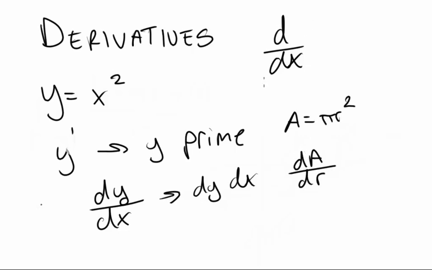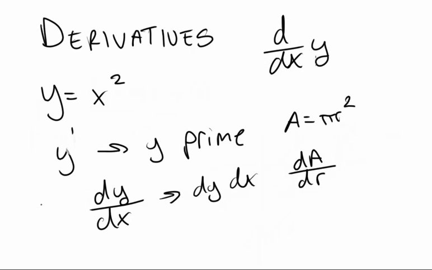Now I also have this one up here, d dx. You usually don't have this by itself. This is kind of more of a generic way of saying calculate the derivative. Usually if I want to say calculate the derivative of y or find the derivative of this, I would put the y out front. So you can have it on the top or you can have it over to the side.